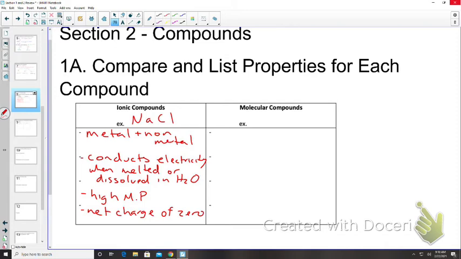So if ionic compound is a metal and a non-metal, what is a molecular compound then? 2 non-metals. And it's almost like the opposite of this, right? So it is unconductive.